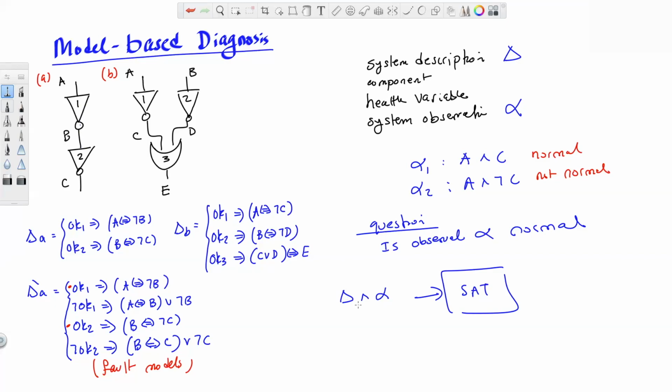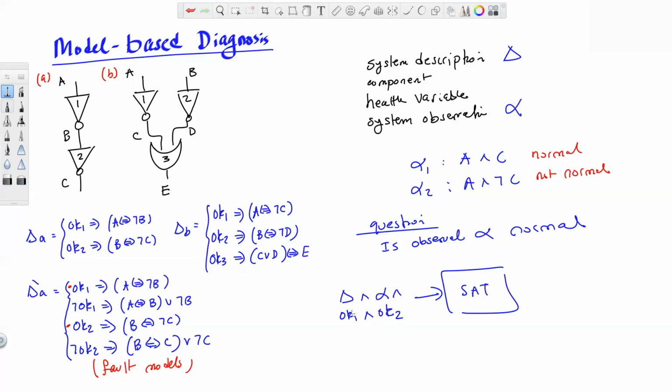So what you really need to say here is delta and alpha and OK1 and OK2, is this consistent? Given the system description and given the assumption that both components are working, is this behavior consistent with that?